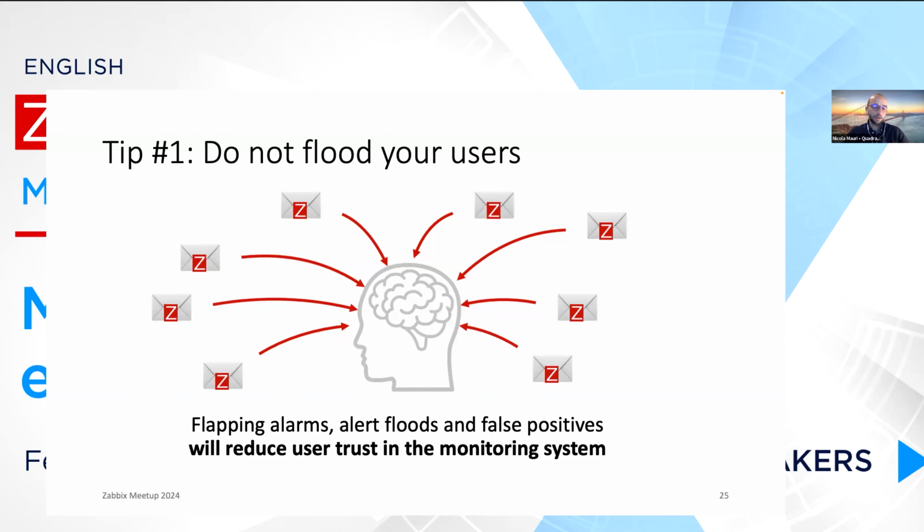Every time a person receives a false positive, an alert which is not useful, which is not intended for him or her, well, that will reduce user trust in the monitoring system. And probably they will create that famous or infamous Outlook rule to move your messages from their inbox.